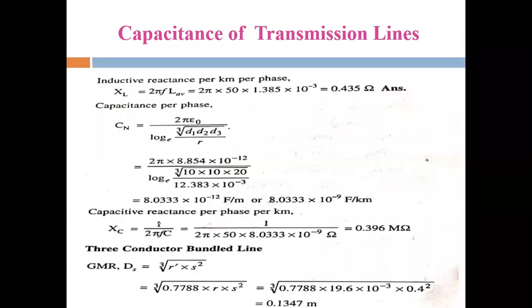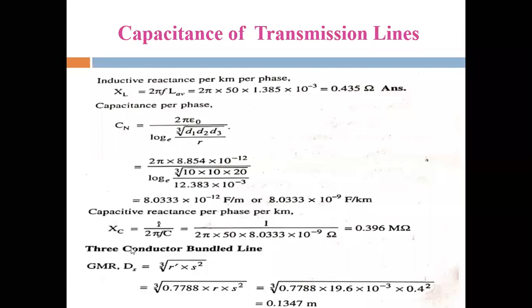Then we calculate the inductance: L is equal to 0.908 millihenry per kilometer. Therefore, the overall inductance of the bundled conductors is 0.908 millihenry per kilometer.